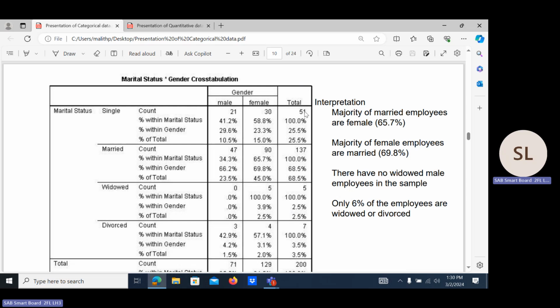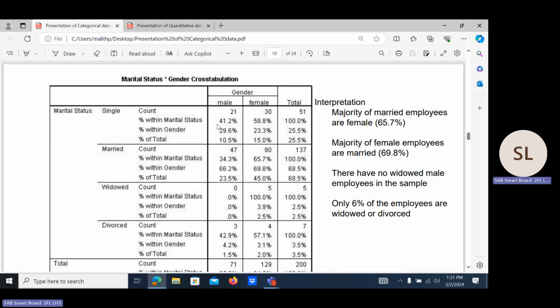Then 137, total number of married persons. Clear? What does 71 mean? Total number of male respondents. These give the row totals and these give the column totals. Clear?